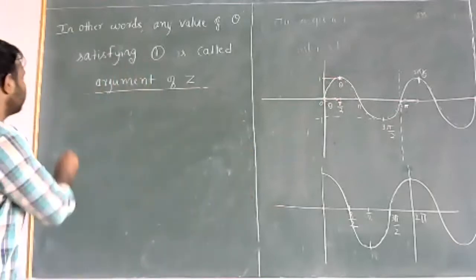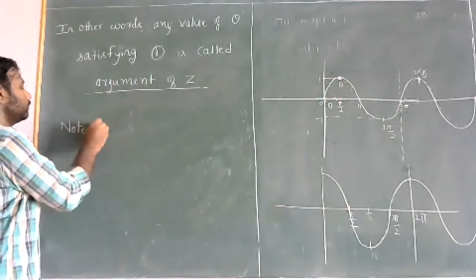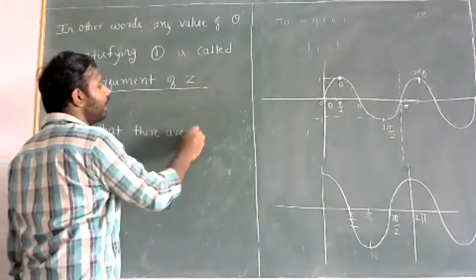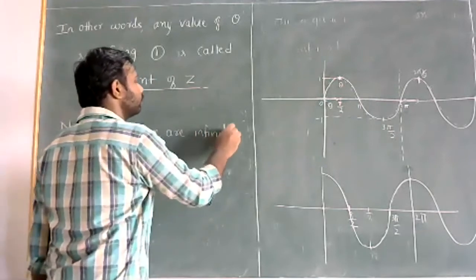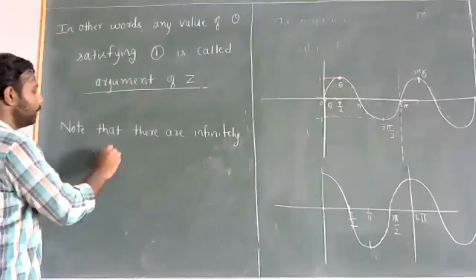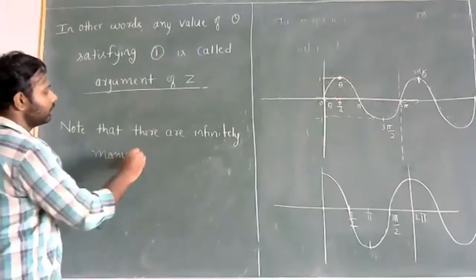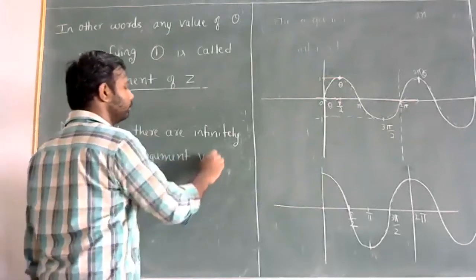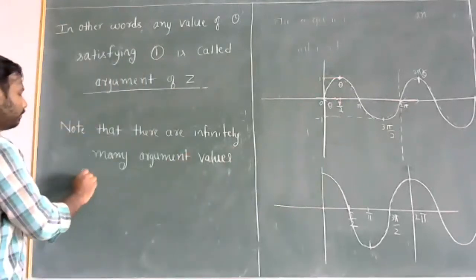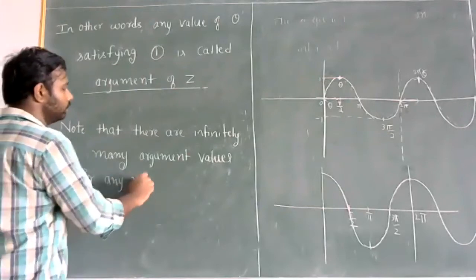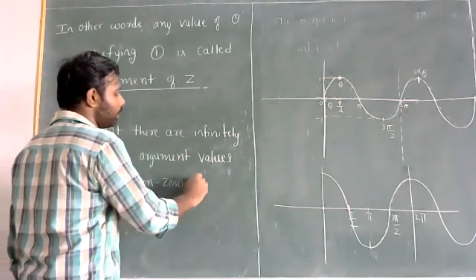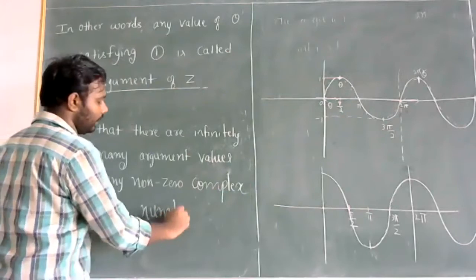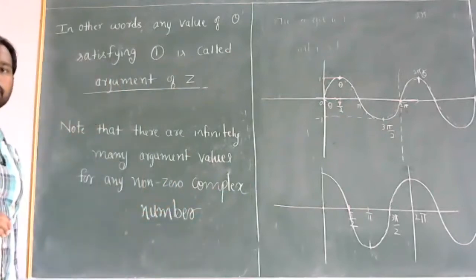So note that there are infinitely many argument values for any non-zero complex number.